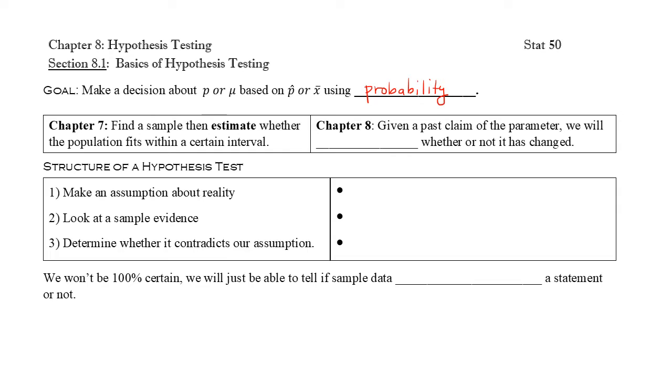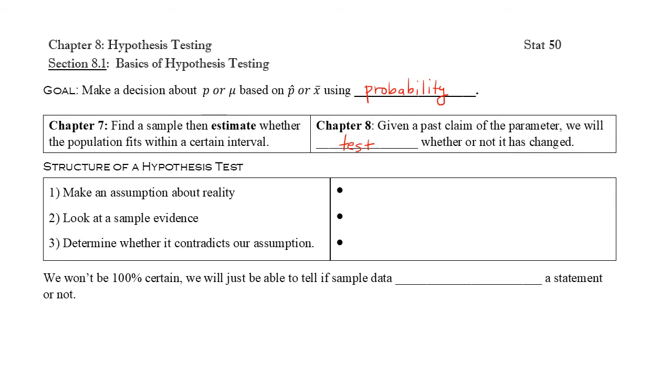But there was some aspect of uncertainty involved with that. So we're going to explore a slightly different approach in Chapter 8, where now we're given a claim about a parameter, and we want to test whether or not that claim is true.